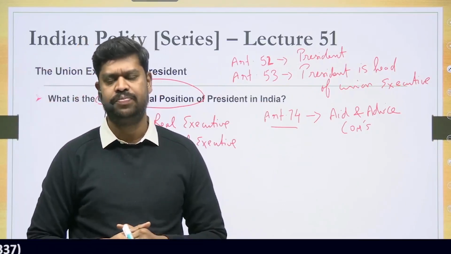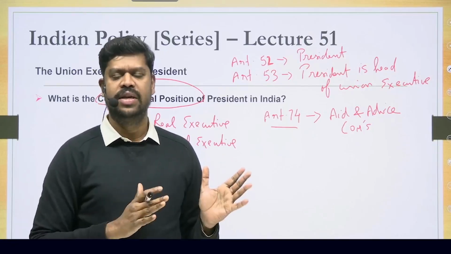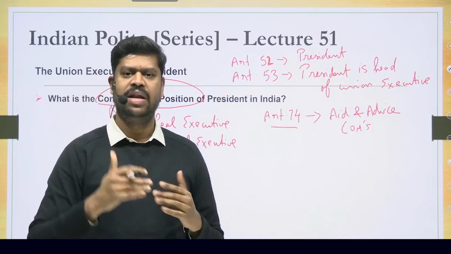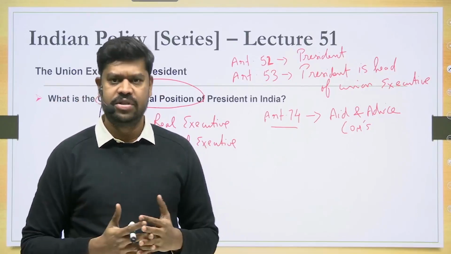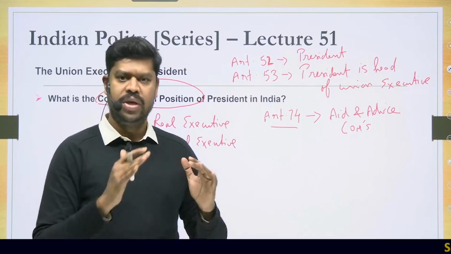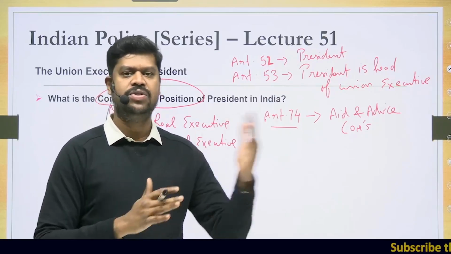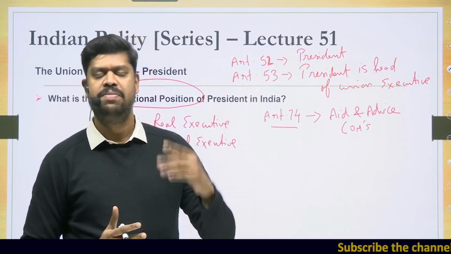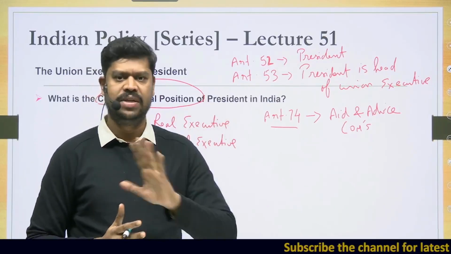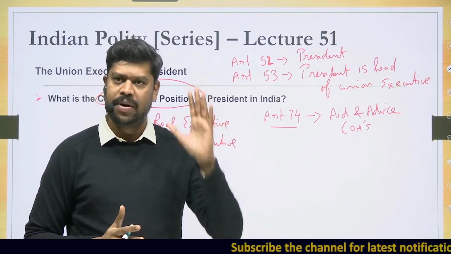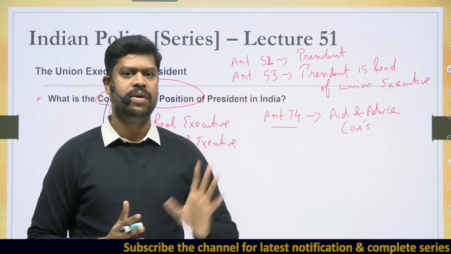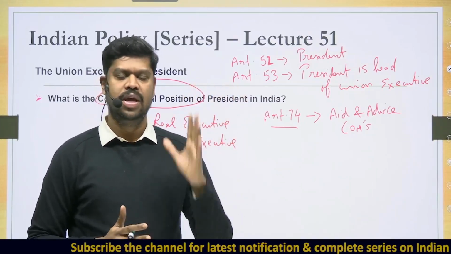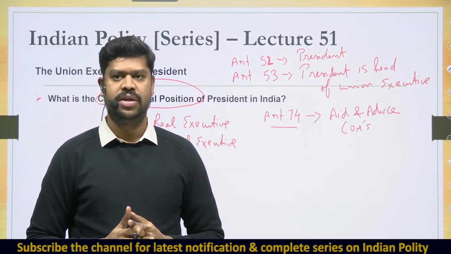The only difference here is that instead of a monarch, we have an elected president because we are a republic. And in a republic, the head of the state is always elected. So here also, the aid and advice given by the Council of Ministers should be binding upon the president. So the matter was settled by the court in 1974 in the Shamsher Singh case.